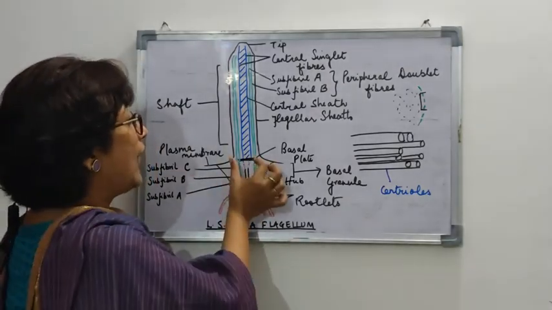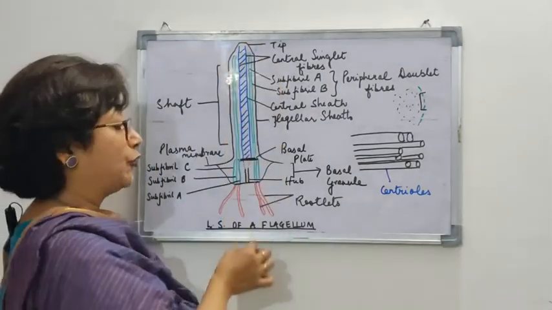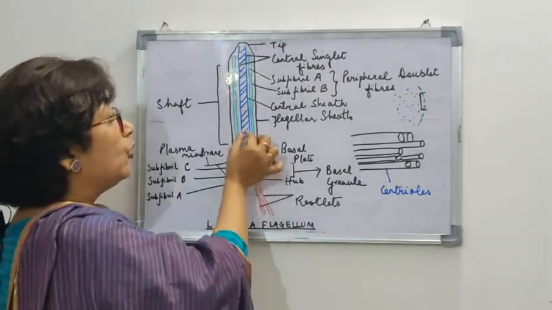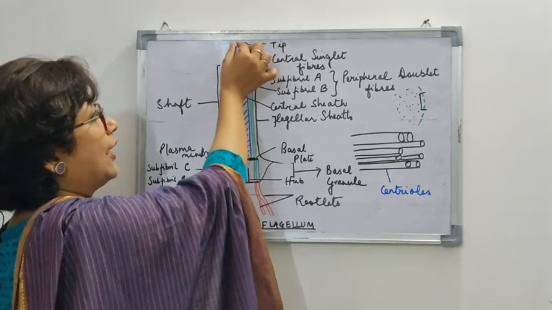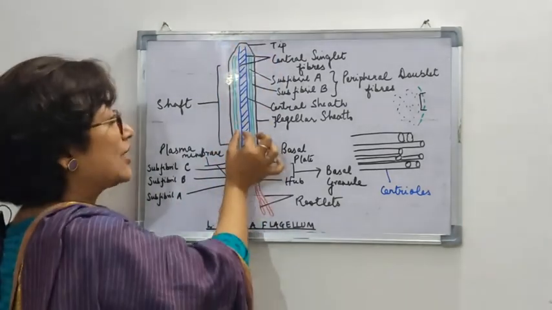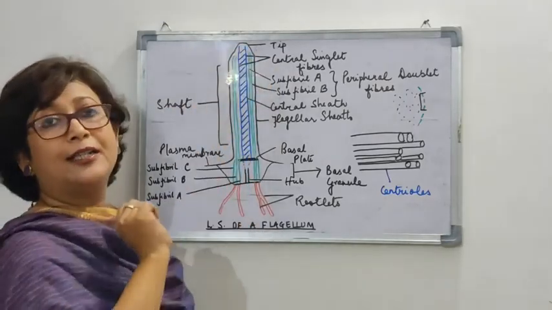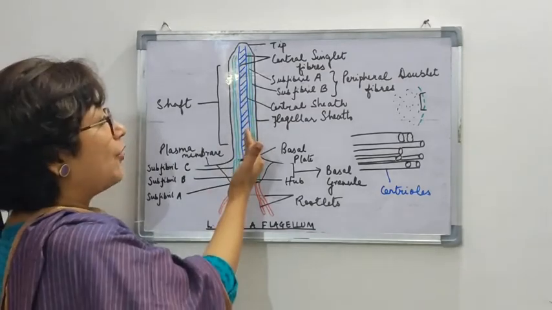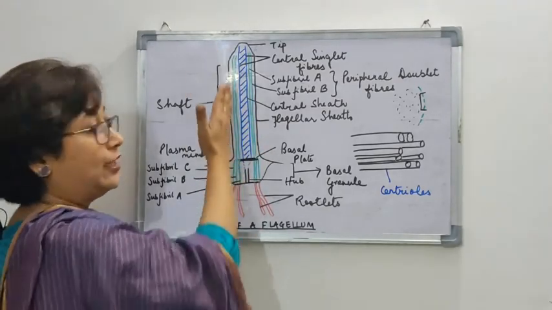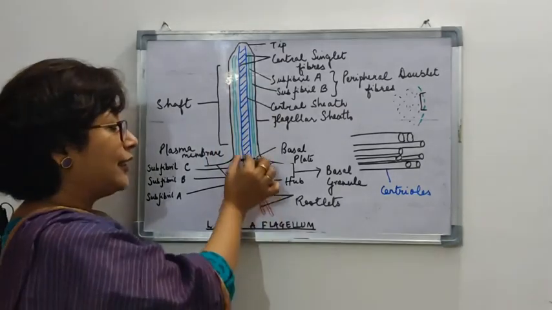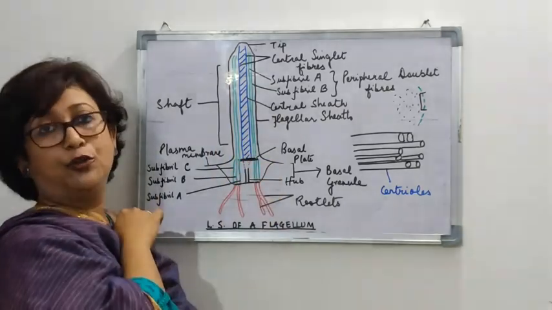Now if you look at the shaft part of the flagellum, you will find this blue part in the diagram. This blue part is the central fibril. If you look at the central fibril, you will see that it is present only in the shaft region, and it is absent in the basal granule region.